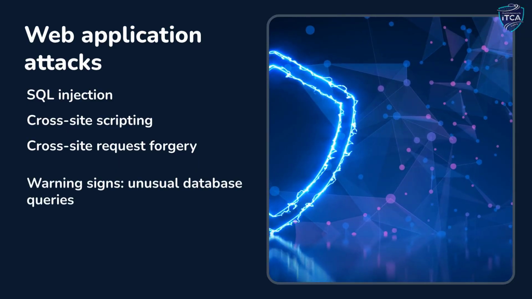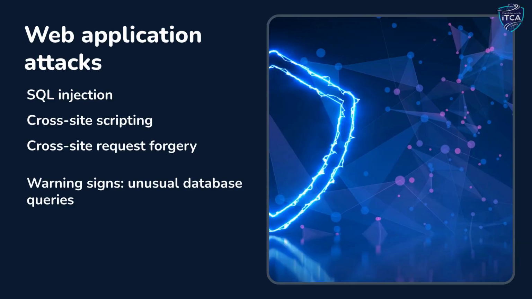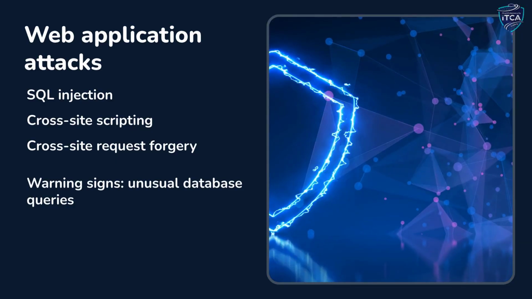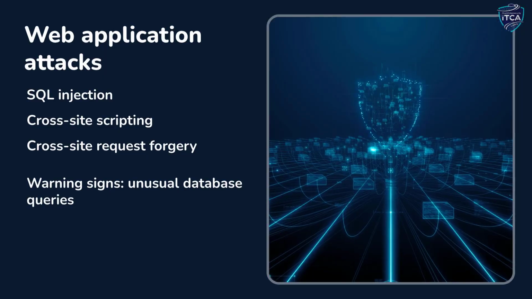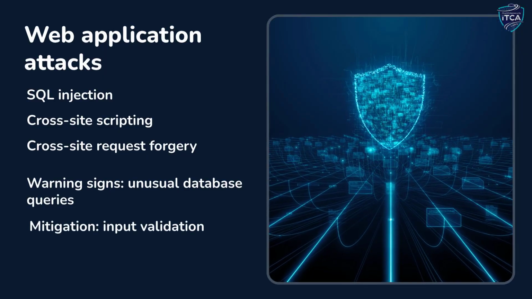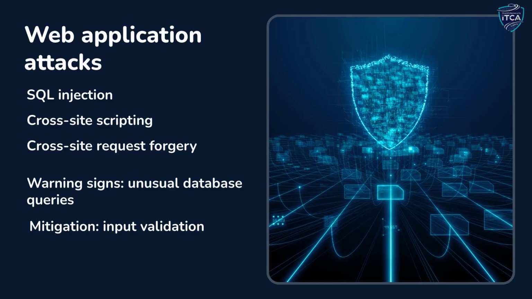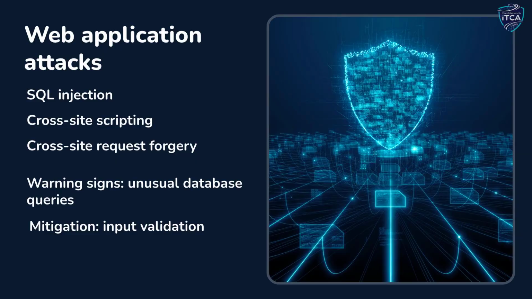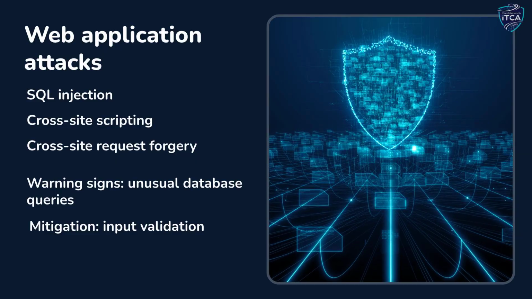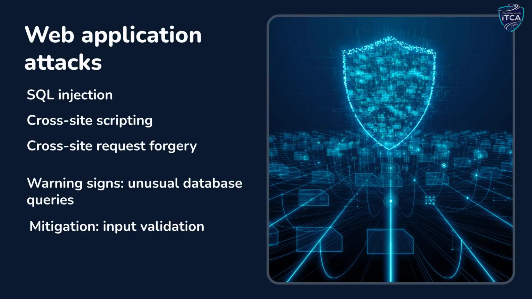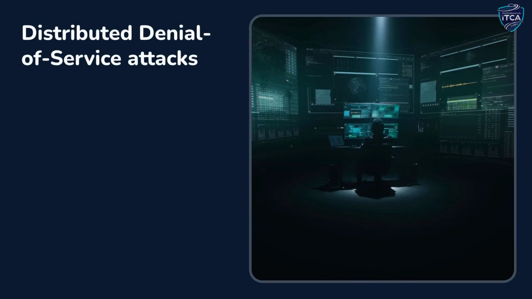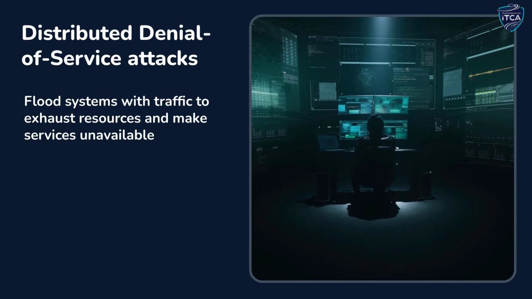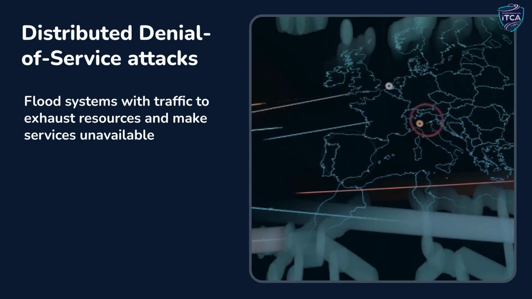Warning signs include unusual database queries, anomalous HTTP requests, unexpected web content changes, or spikes in database errors. Mitigation involves input validation, output encoding, prepared statements, secure session handling, web application firewalls, secure development lifecycles, code reviews, and regular penetration testing.